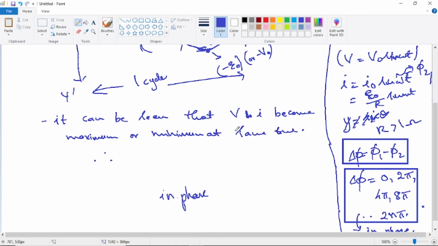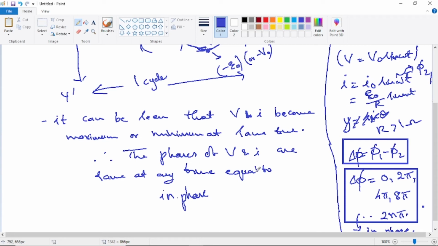Therefore, the phases of V and I are the same at any time, equal to omega t for a resistor. This is considered to be a very important result.